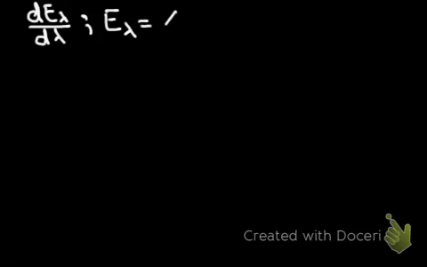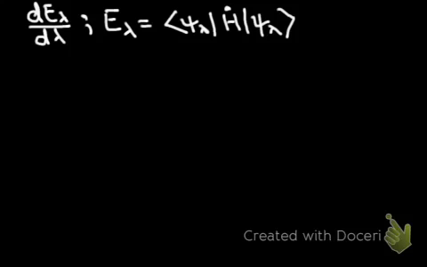So to prove the theorem, remember that this theorem stated on the left hand side that it is the derivative of my E lambda with respect to lambda. Now also remember, what is my E lambda? E lambda is simply the expectation value in psi lambda of my Hamiltonian operator as such.